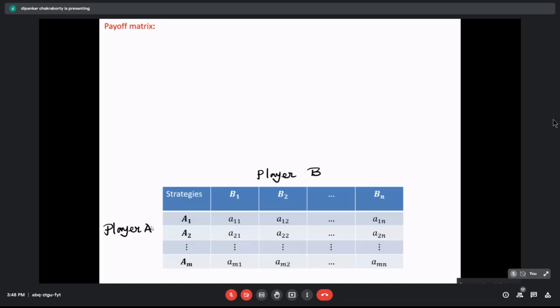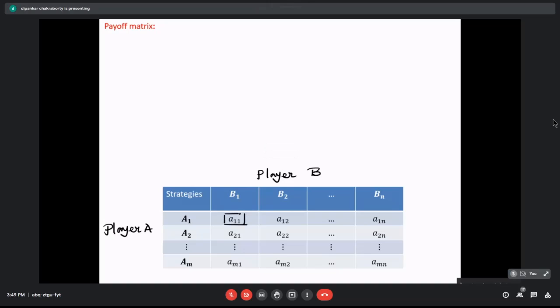Okay, that means that entry a11 means that when A plays strategy A1 and B plays strategy B1, then a11 money will be gained by player A and a11 money will be lost by player B. What I'm saying is, what is the meaning of this entry a11?